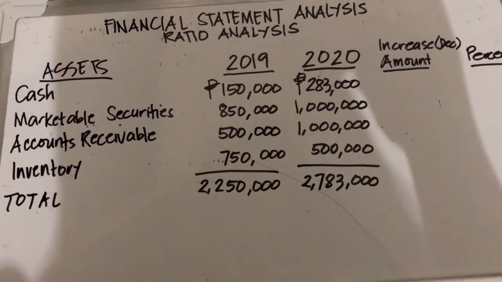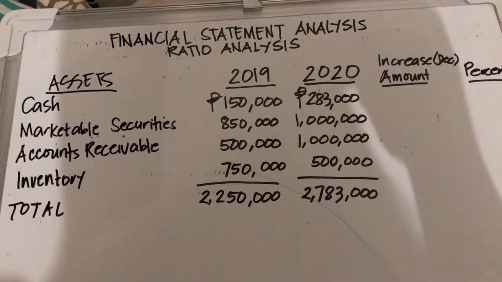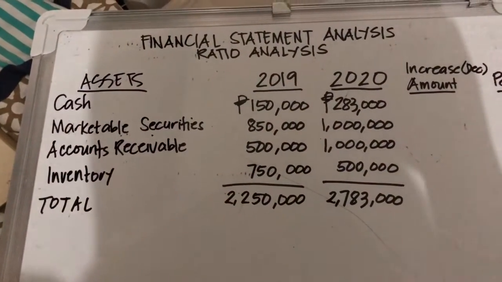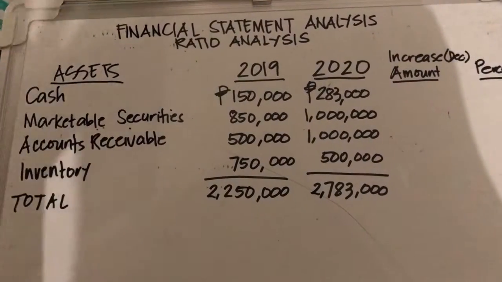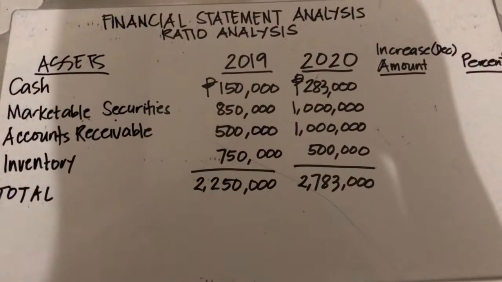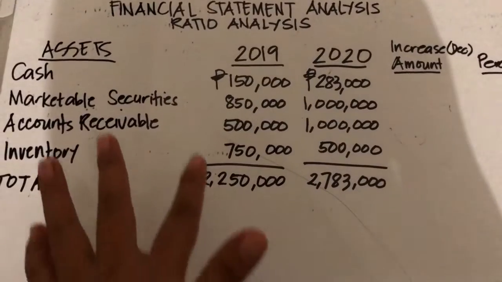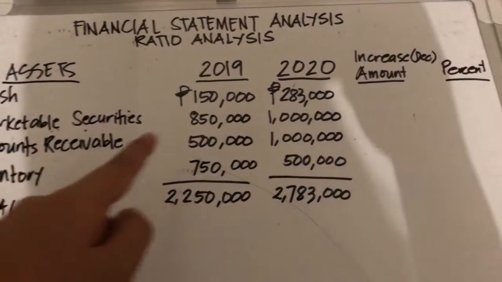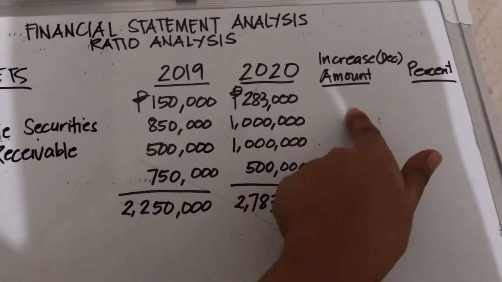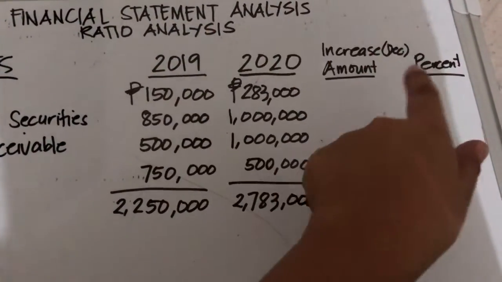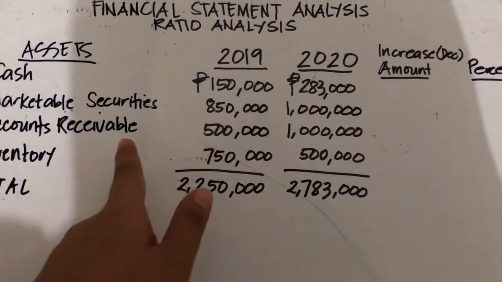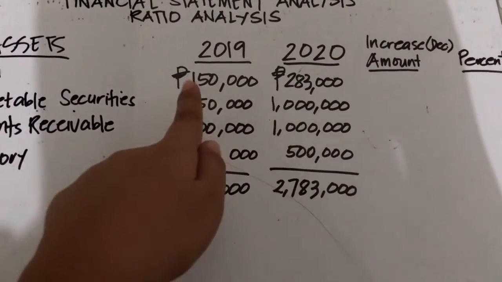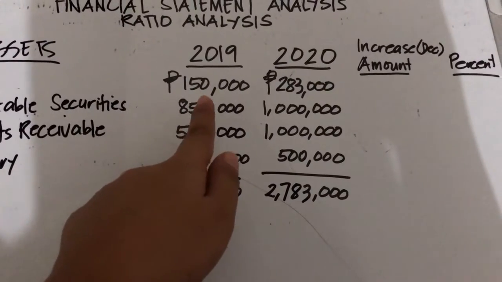So, yung financial statement analysis, pwede mo siyang gawin in any kinds of financial statements like balance sheet, income statement, pwede mo ring gawin to. So, ngayon, yung dito sa board ay galing sa balance sheet. So, paano ba natin makukuha yung decrease or increase yung amount dito? So, what we're going to do is only current year, isusubtract mo yung sa previous year.